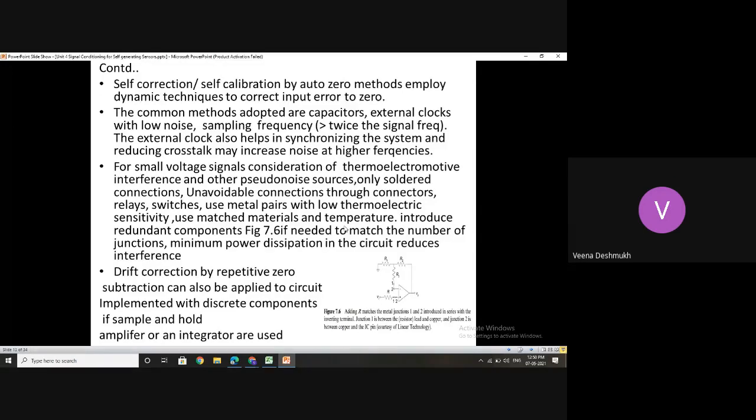This is another mechanism which is employed. So auto zero, repetitive addition, sample and hold networks, modulation techniques, or chopper circuits: all these are the circuits used for reducing the offset voltages or adjusting the offset voltages to zero and minimizing the drift issues.